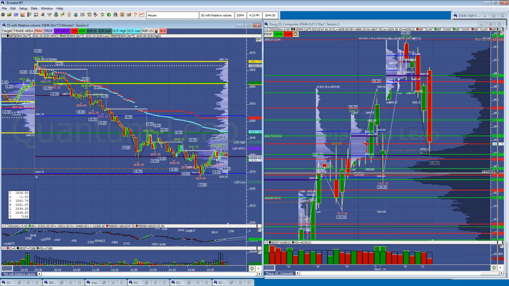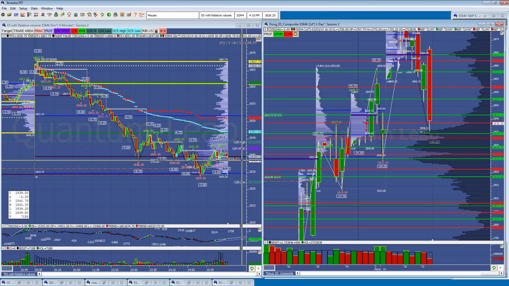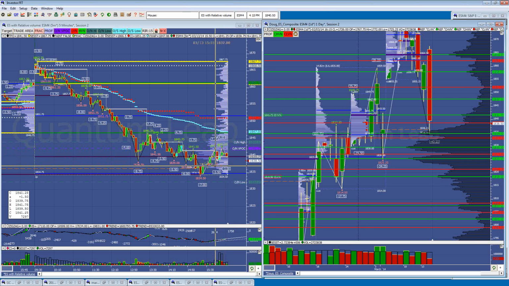So currently we're trading just below that 39 level, just below the VPOC from yesterday and the naked close that we have at 1839.50. We're going to be opening up in this lower distribution.